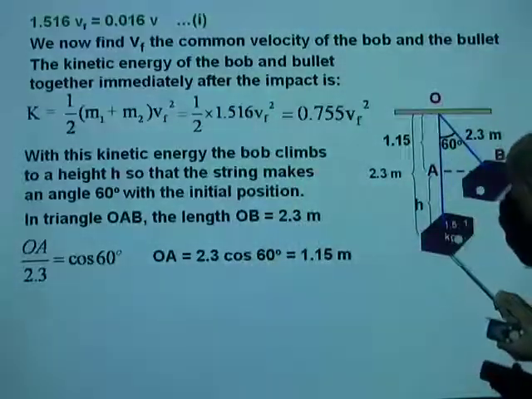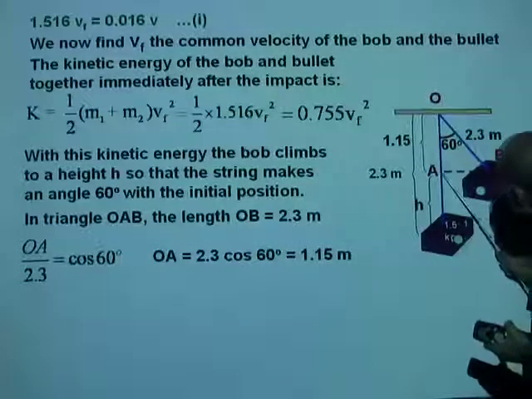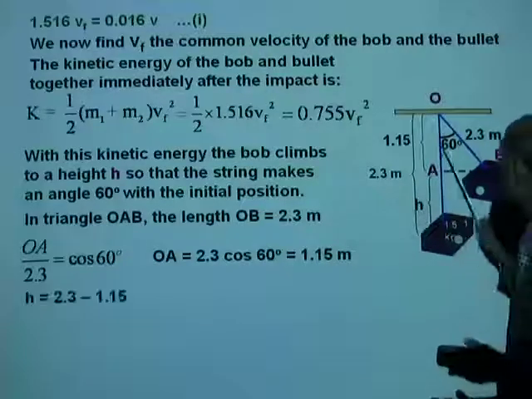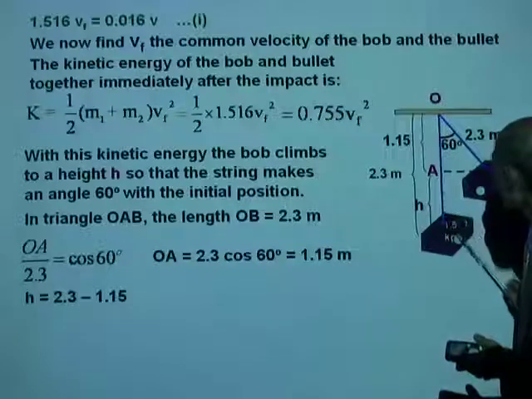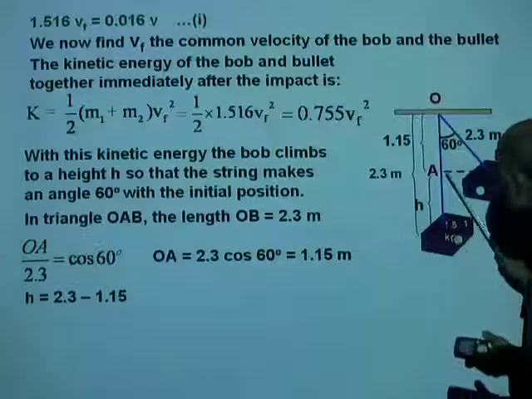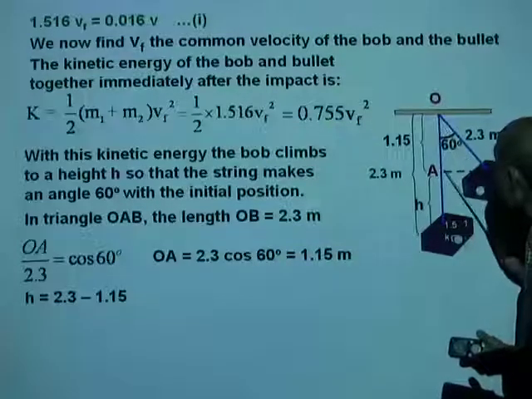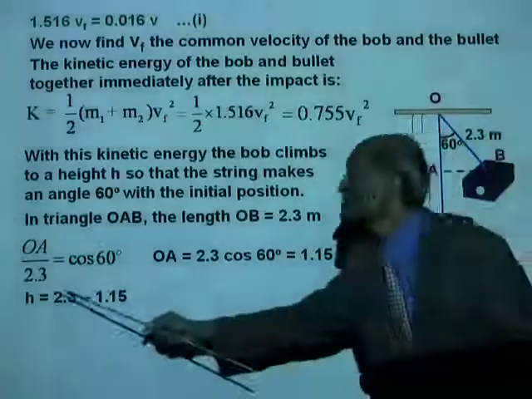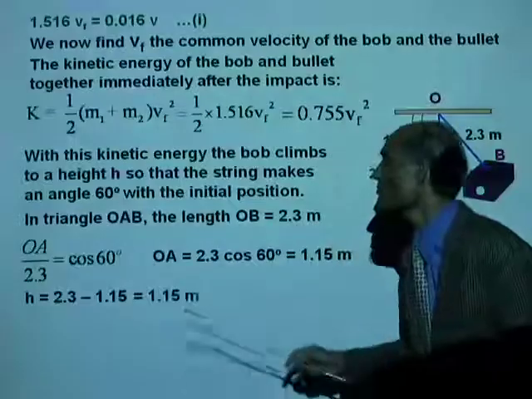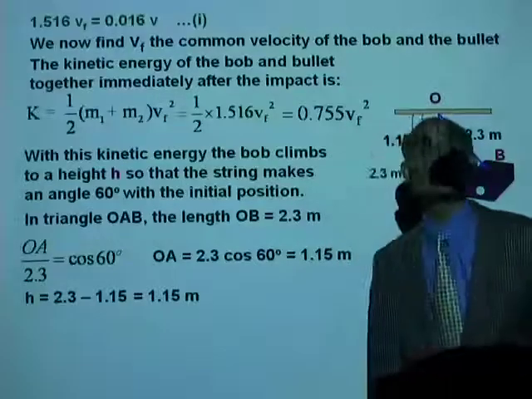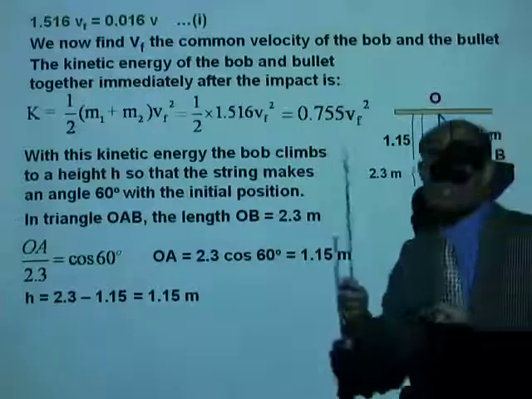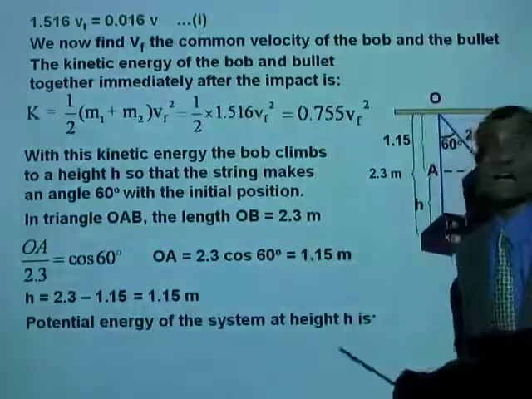When the pendulum is hit, it rises, and this is the vertical height h, and that h equals the whole length, 2.3, the length of the pendulum, minus OA, 1.15. Therefore, h is 2.3 minus 1.15. That is 1.15 meter. So the system has been raised to that height.